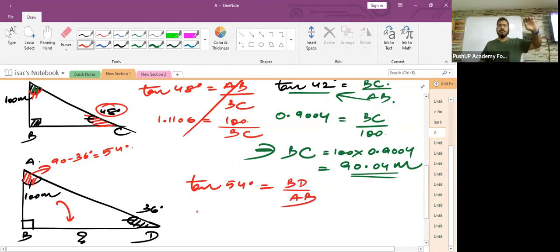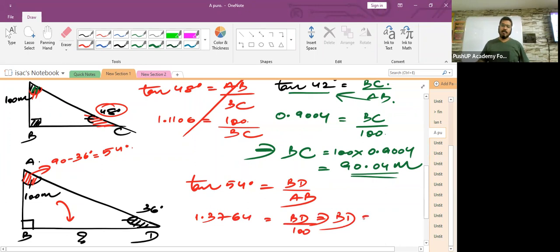Somebody help me with tan 54. 1.3764, which is equal to BD divided by 100. So this implies BD is equal to the cross multiplication of 1.3764 and 100. How much is it? 137.64 meters.